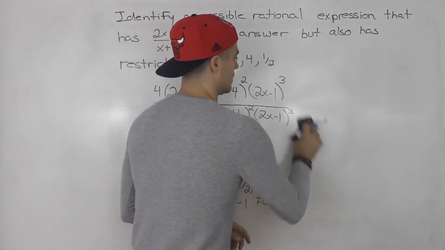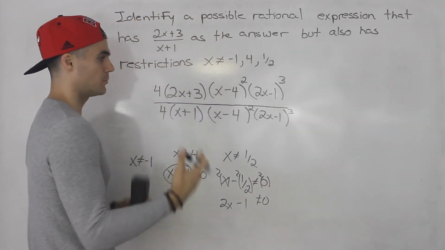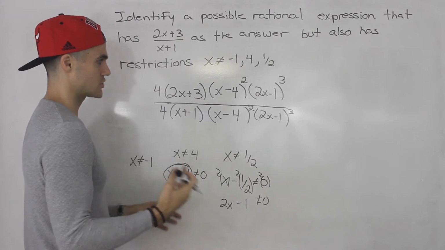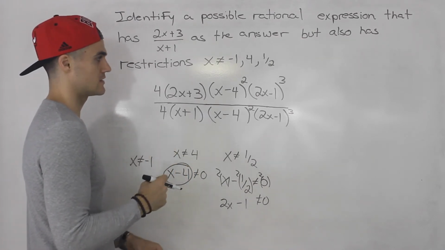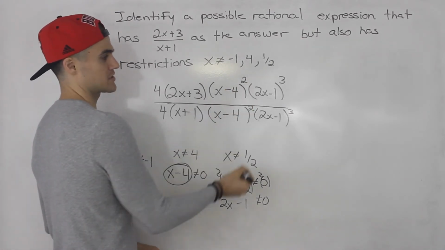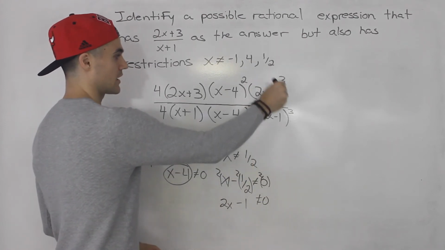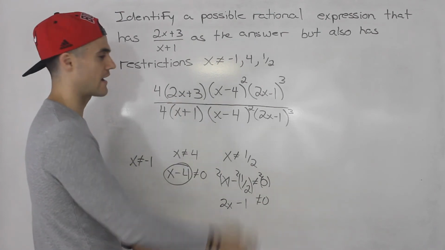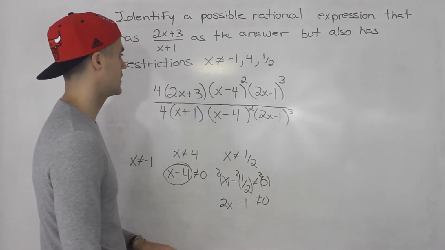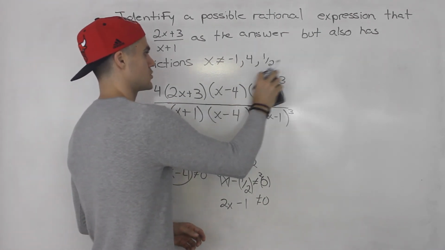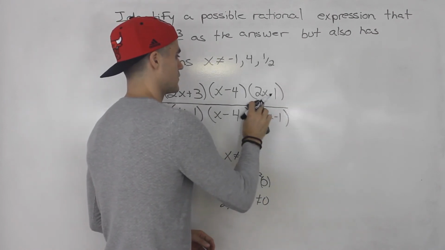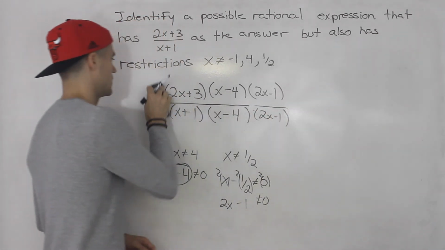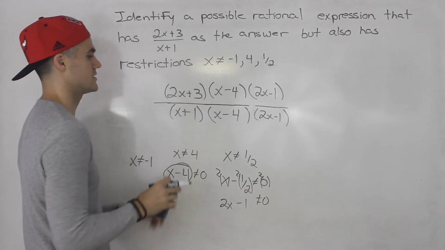So if they're asking for multiple rational expressions, not just one like in this question, you can just play around with exponents, put extra constants, but you can't put an extra factor, if that makes sense.